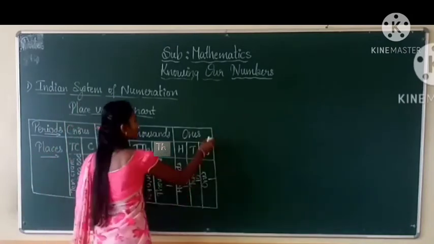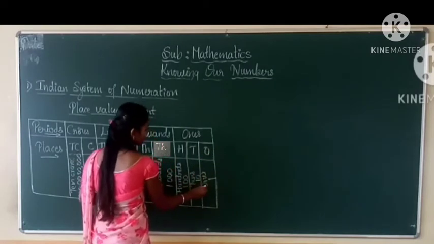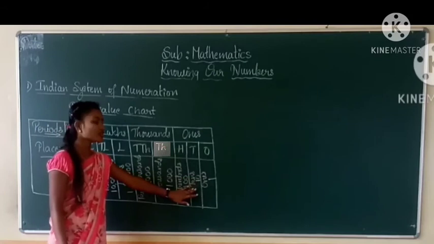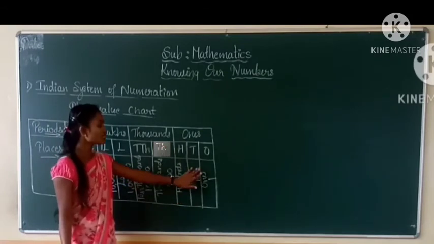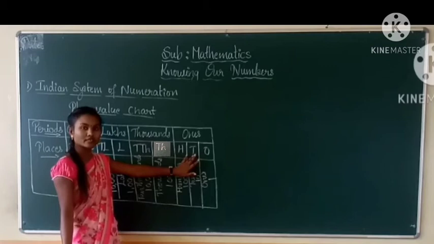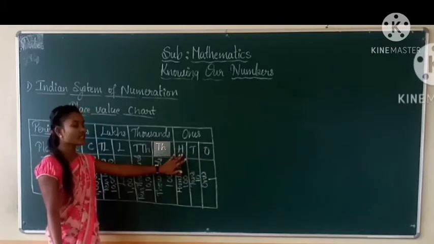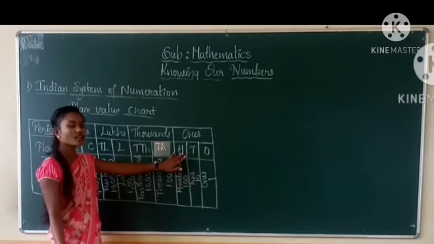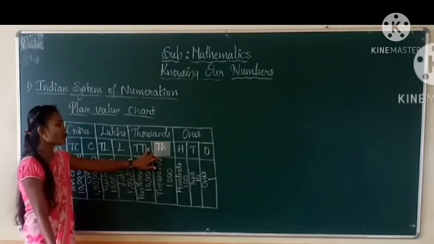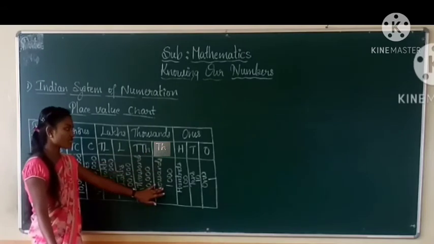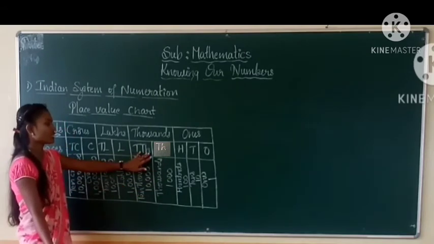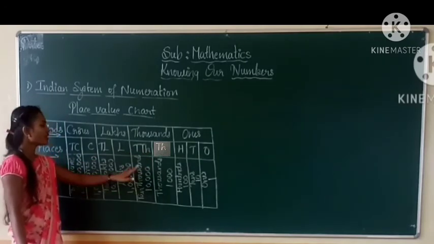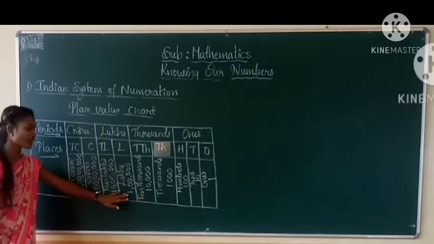From the right side, the first place is ones place, the second place is tens place, T means tens. The third place is hundreds place, H means hundred. The fourth place is thousands place, and TH means 10,000 place.